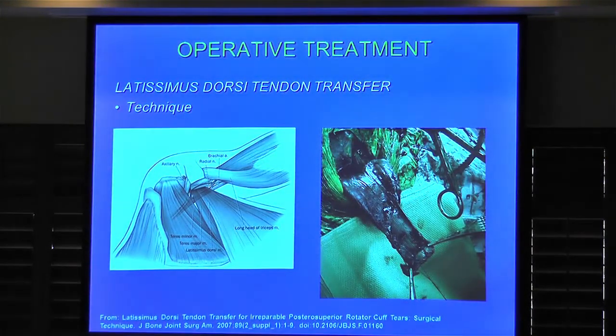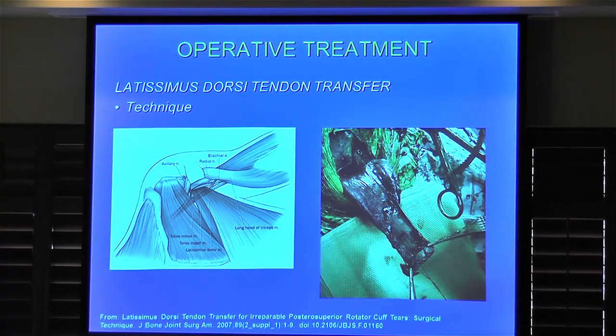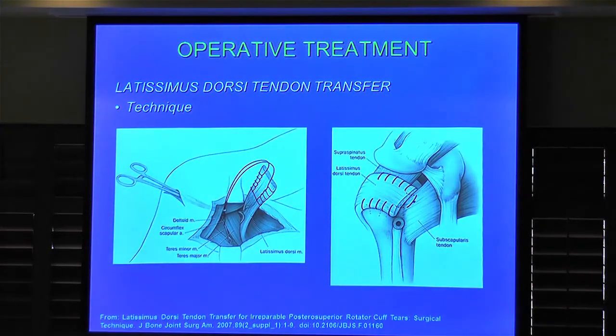So just in regards to technique, how we go about doing it, we dissect along the backside of the shoulder, isolate the tendon, free it up, and bring it out, and then tunnel it underneath the deltoid posteriorly, and we attach it into the torn rotator cuff here medially, out to the bone, laterally, and into the subscapularis tendon in front.